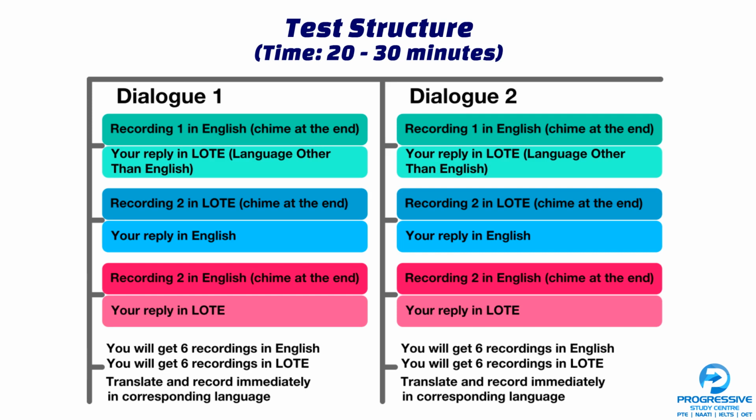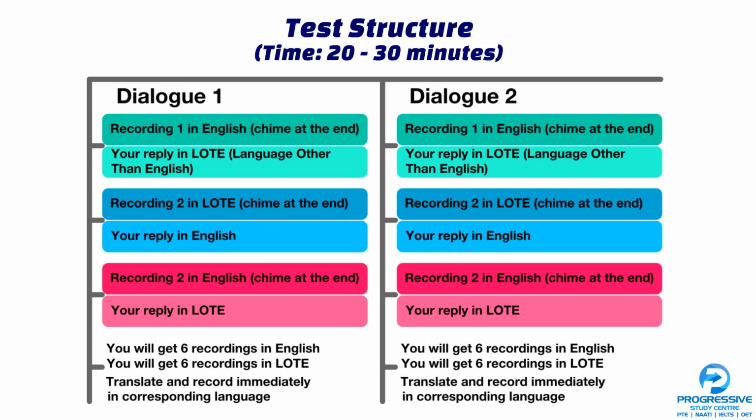For example, your first dialogue can be about hotel booking or a visit to a doctor. Additionally, in each dialogue, the first recording can be in English or LOTE. After the recording ends, you will record the translated dialogue immediately into a corresponding language.